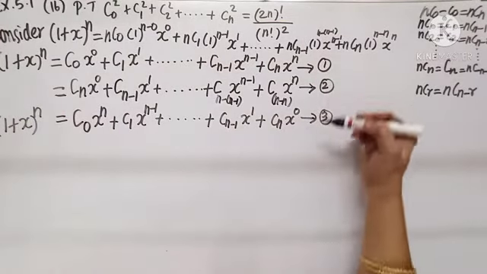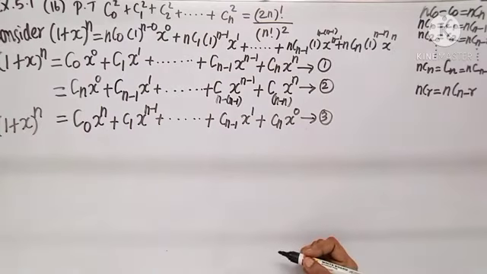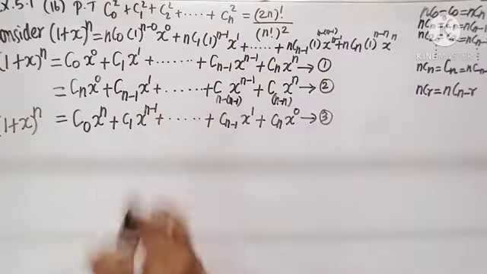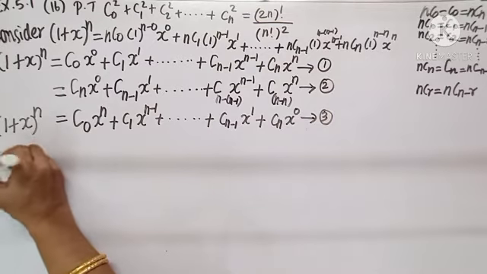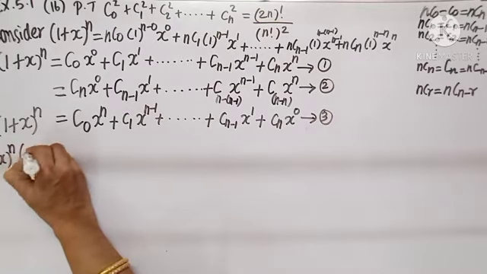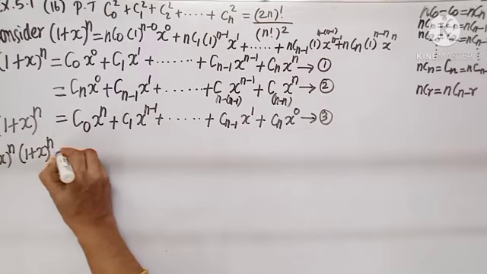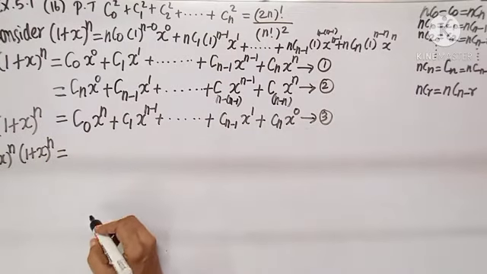Now let us multiply 1 and 3. As I multiply, this term into this term will come. So (1 plus x) the whole power n into (1 plus x) the whole power n.